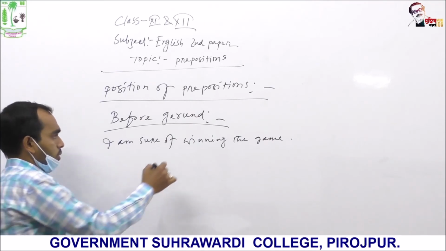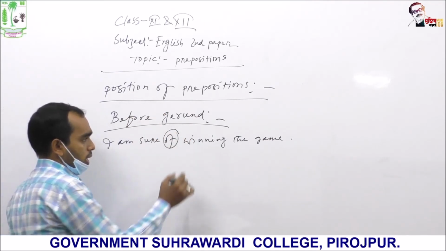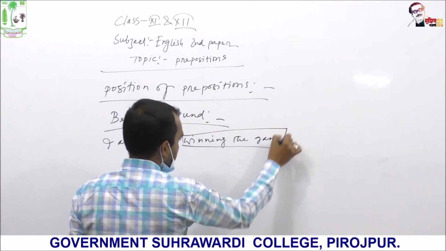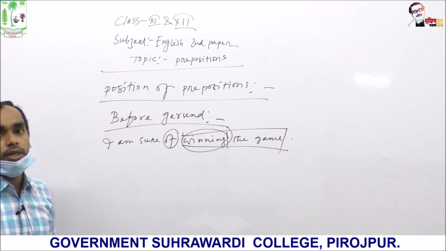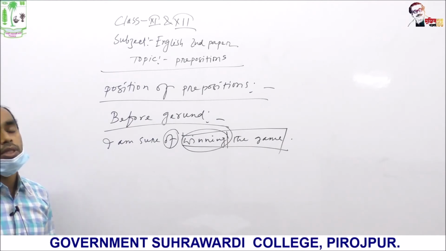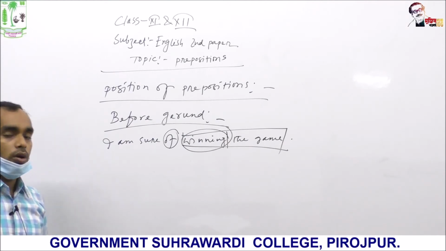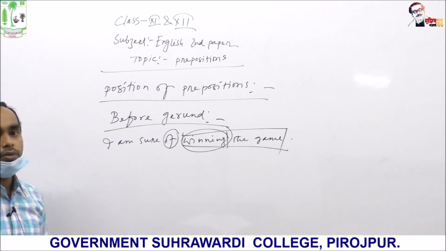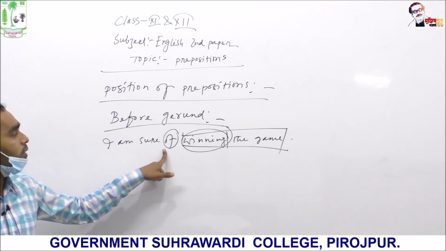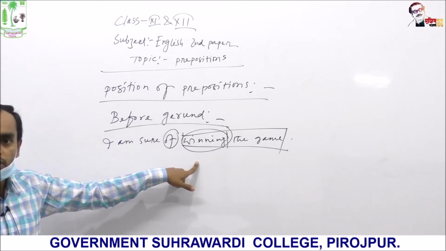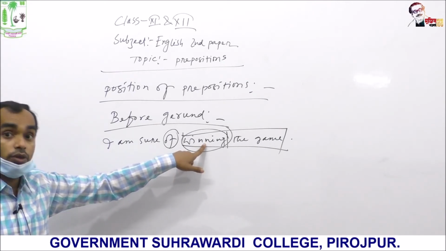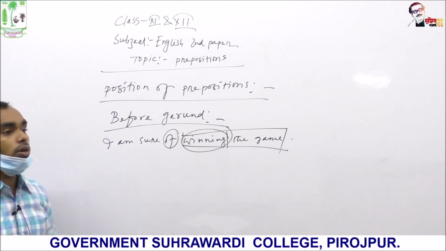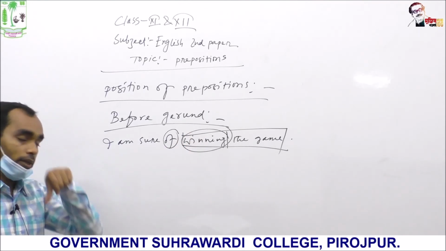Here of is a preposition and in winning the game, winning is a gerund, and you know that a gerund always does the function of a noun. After a preposition we have to use either a noun or a noun equivalent, and as a gerund does the function of a noun, it is called a noun equivalent.